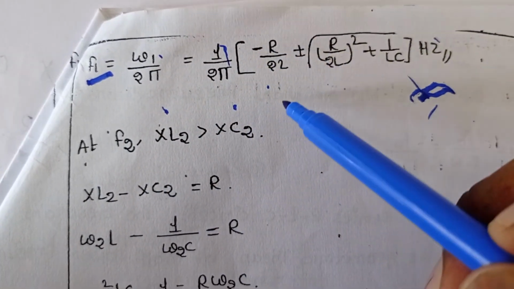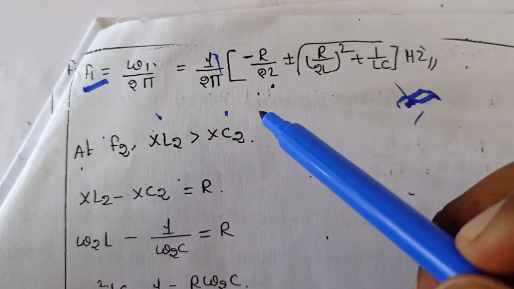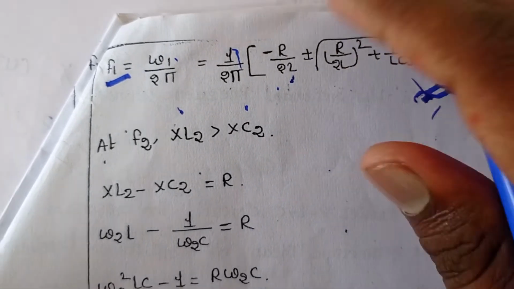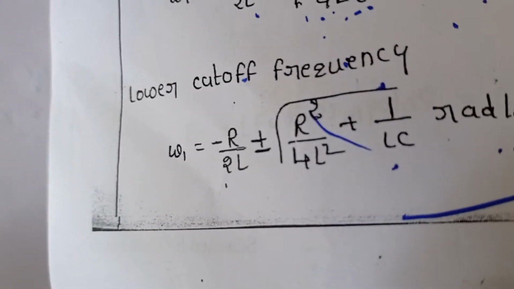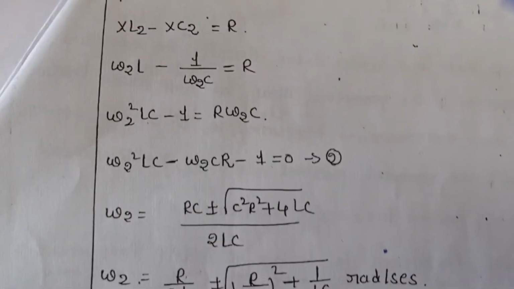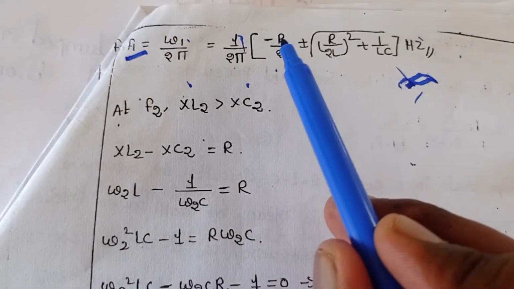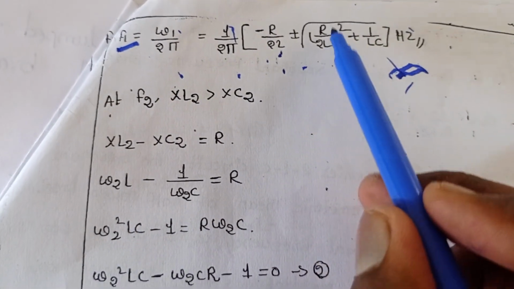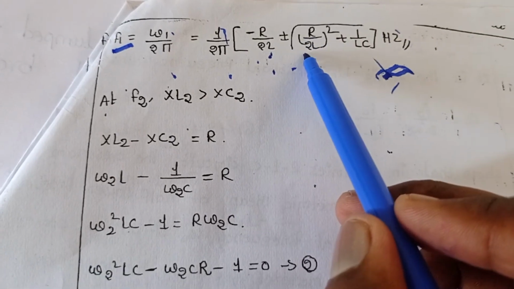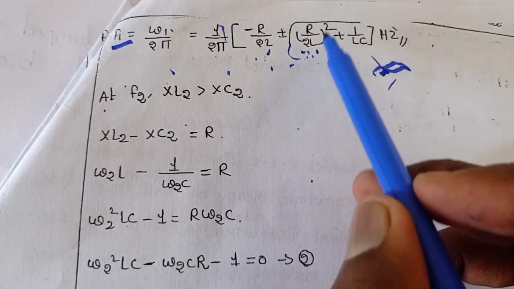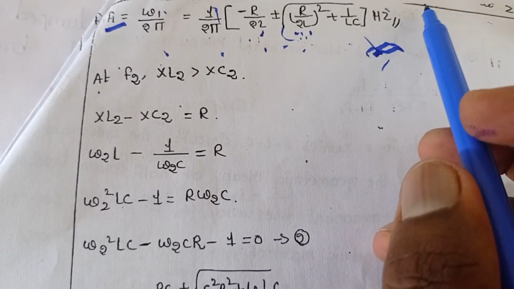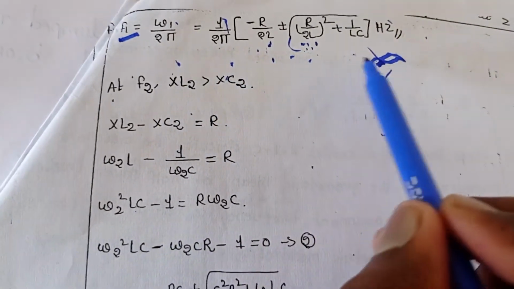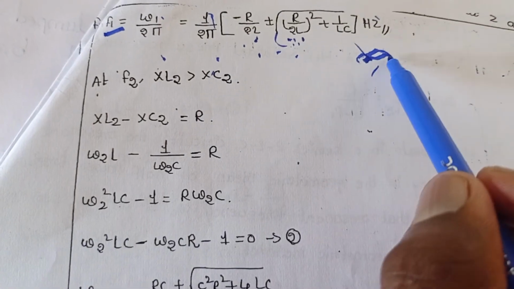Omega 1 is nothing but minus R by 2L plus or minus root of R square by 4L square. We can simply represent it as R by 2L whole square plus 1 by LC hertz. This is the lower cutoff frequency, or lower half power frequency.